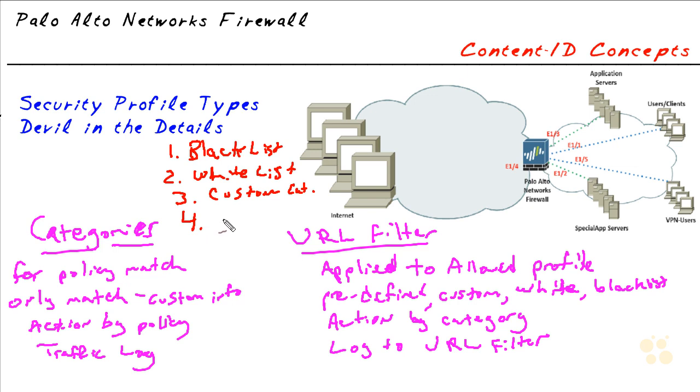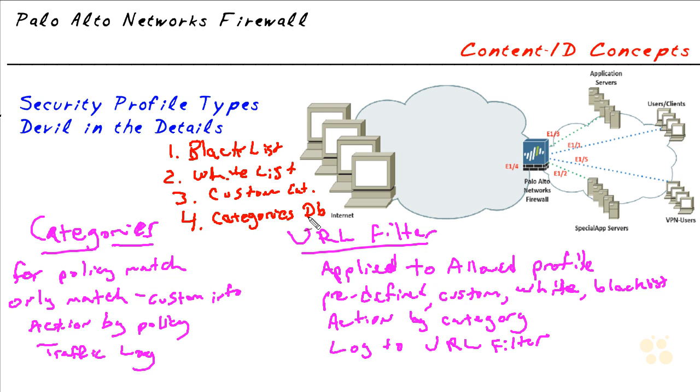And number 4 is going to be the PanDB or BrightCloud categories. So we'll just say the category database. Okay? So I'm going to match on things in that order when I do a URL filter.